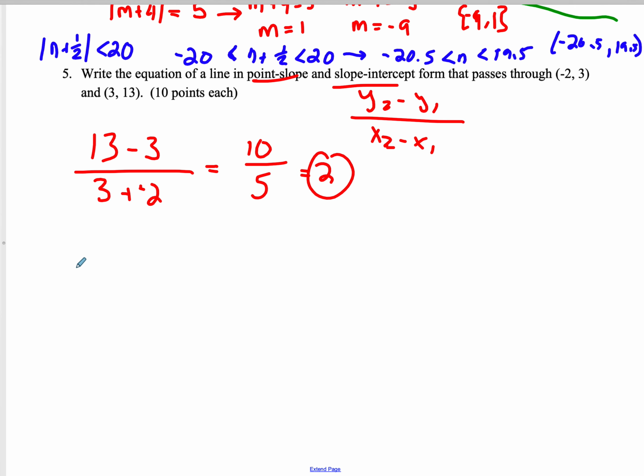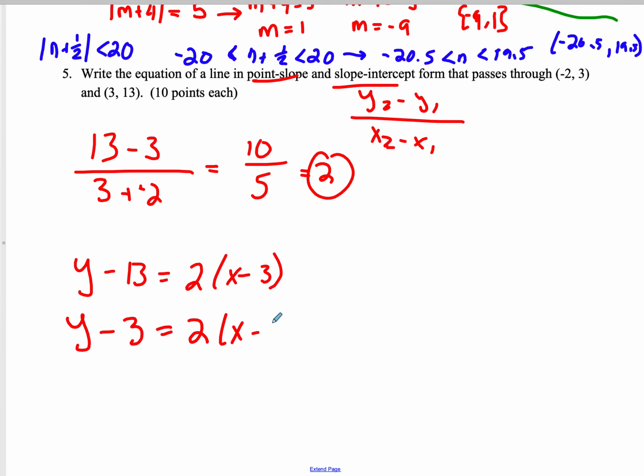So for point slope, there were 2 ways you could have written it. Either y minus 13 equals 2 times x minus 3. The other way is y minus 3 equals 2 times x minus negative 2. I guess there was a third way, y minus 3 equals 2 times x plus 2, right? These are equivalent to one another.